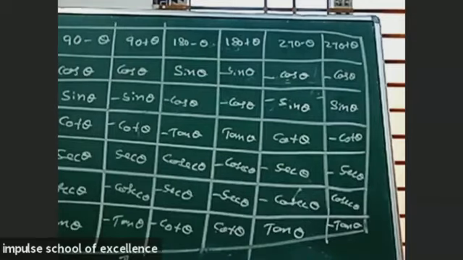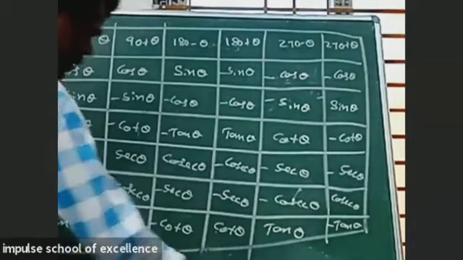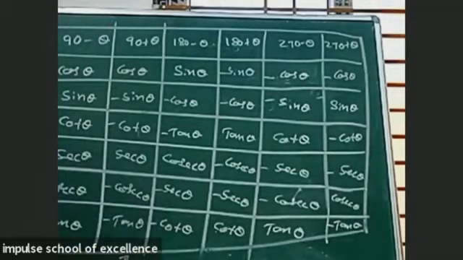And still we have 360 minus theta and 360 plus theta. So let us see what is 360 minus theta and what is 360 plus theta. Is anybody noting down this table? I am going to clean the table, that's why I am asking.